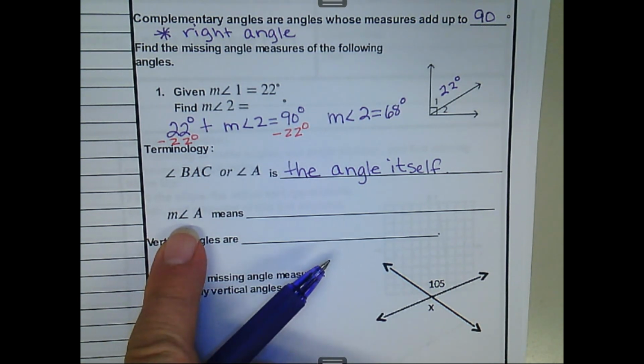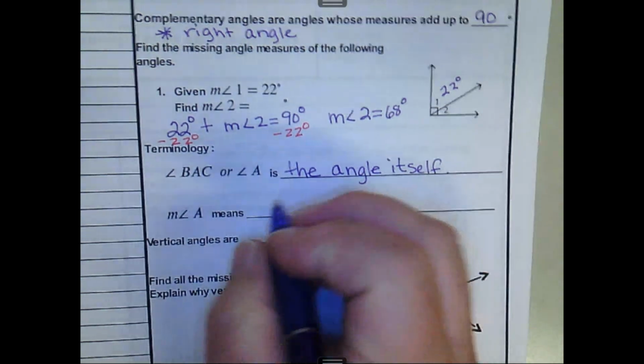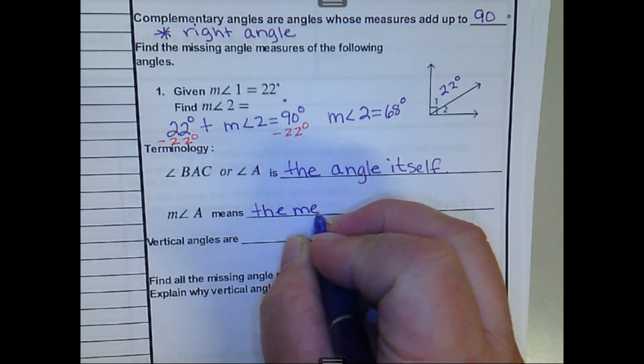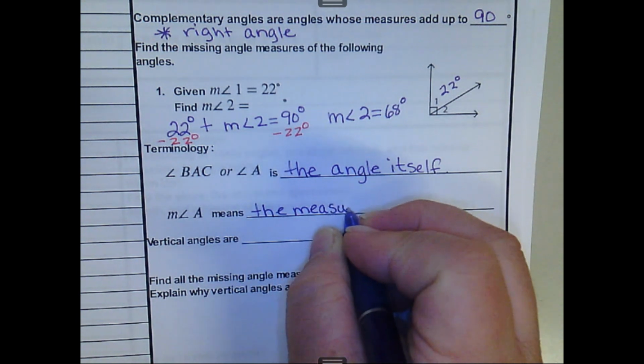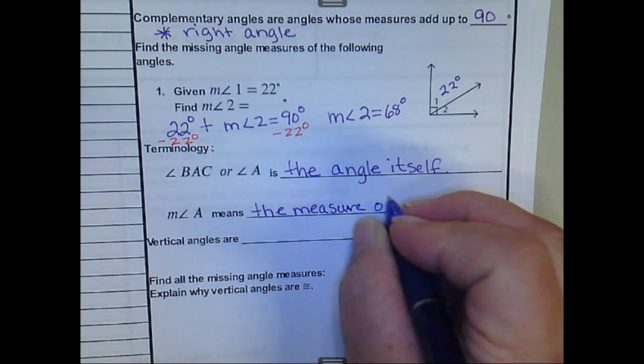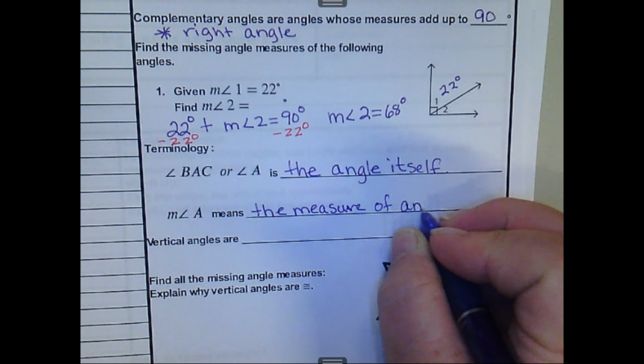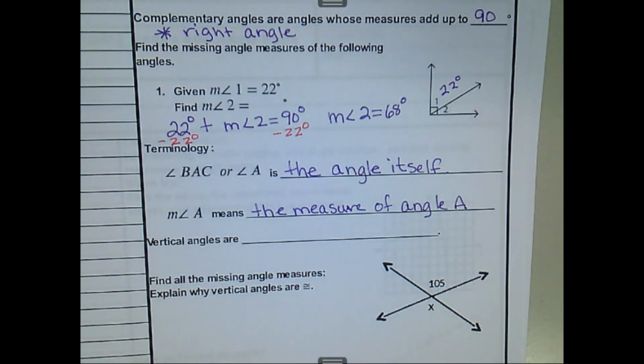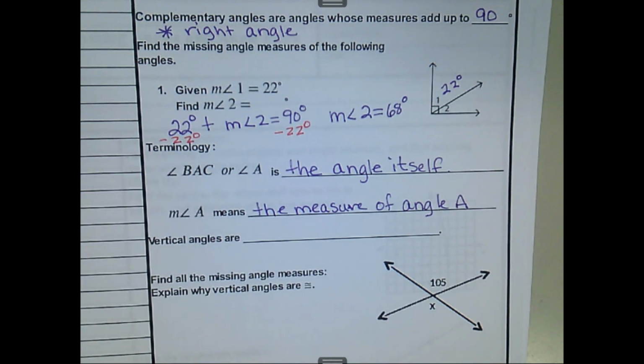If we've got the M in front of it, it means the measure of angle A. That's what it means. So if there's nothing out front, it's just the angle itself. Put the M out front, and it means the measure of whatever angle you're looking at.